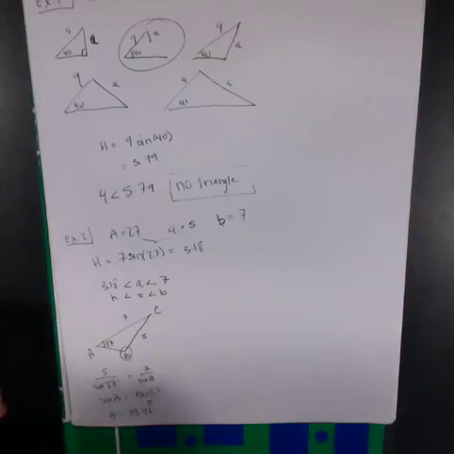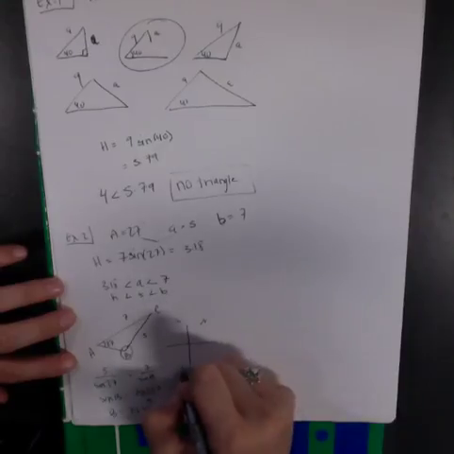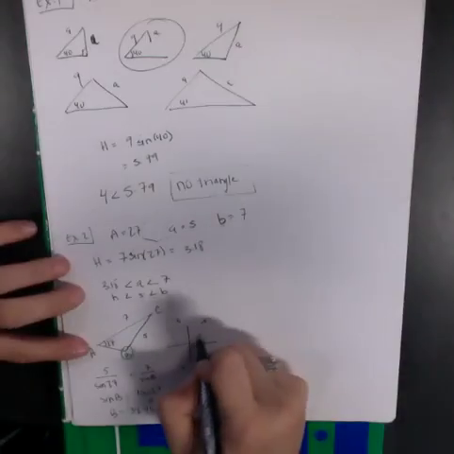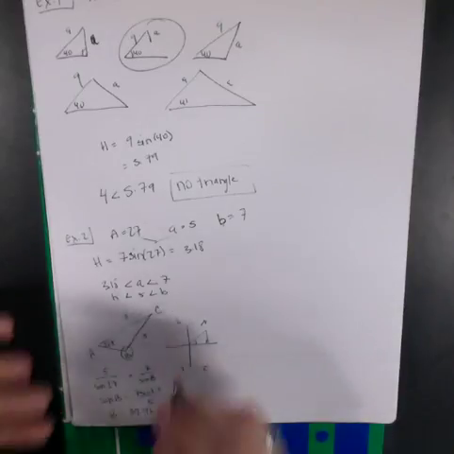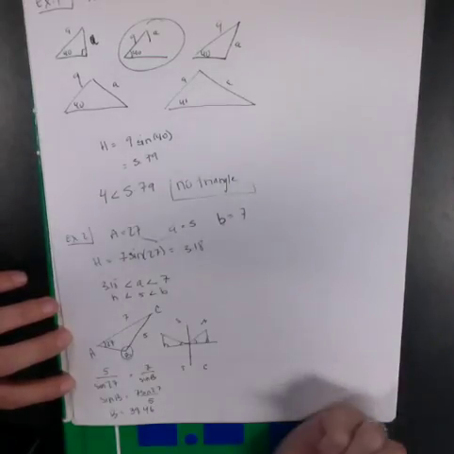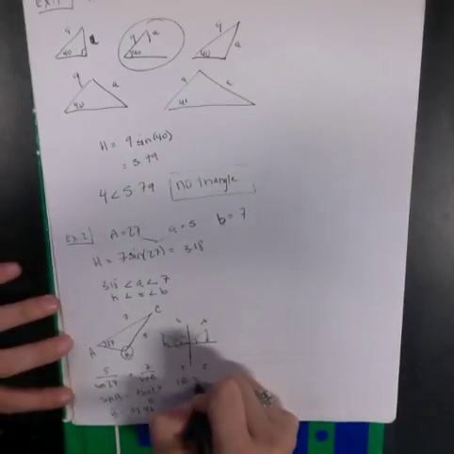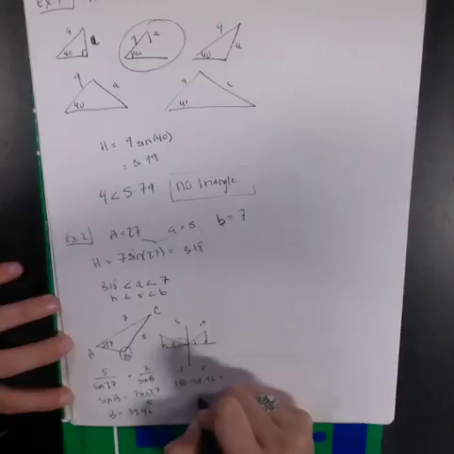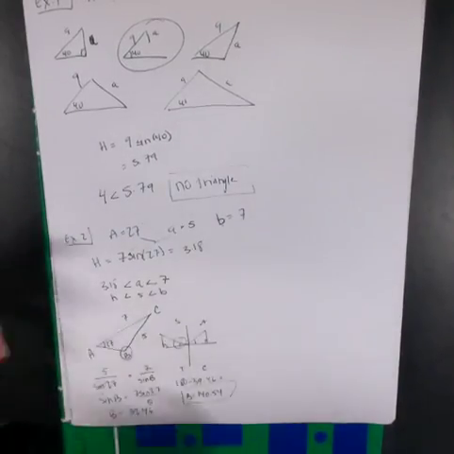That tells me that b is not 39.46 in this triangle. Now what I do, go back to this graph. All students take calculus. 39.46 is this angle here. I also need to look at where sine is positive. It's the second quadrant here. This angle is going to be here, so 180 minus 39.46, which gives me 140.54.